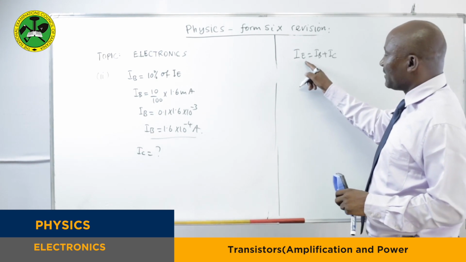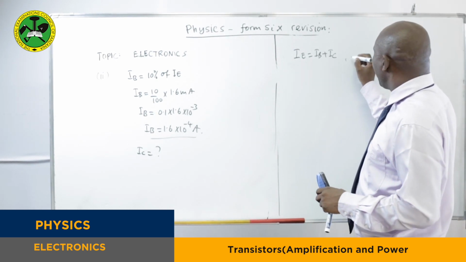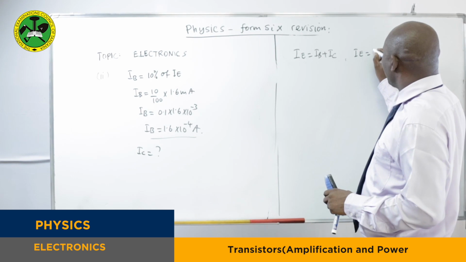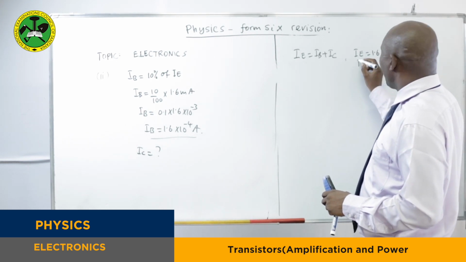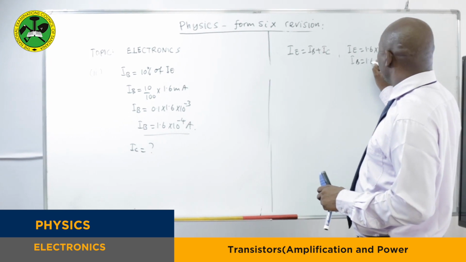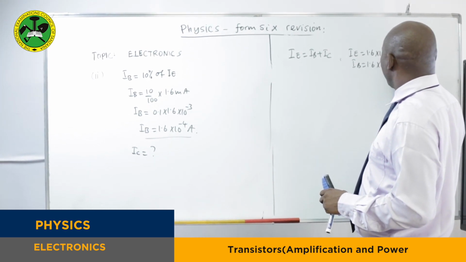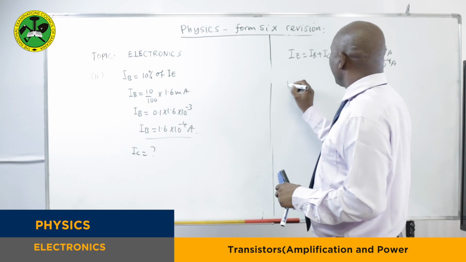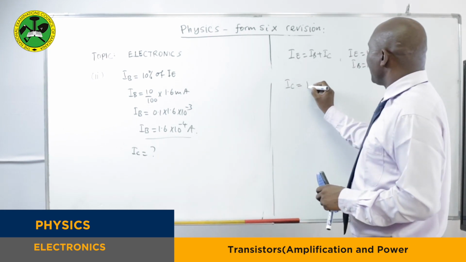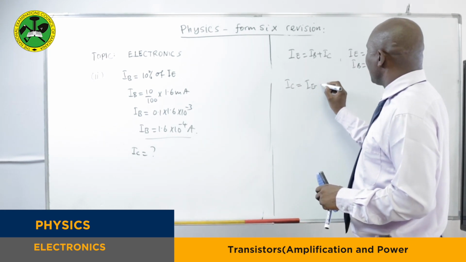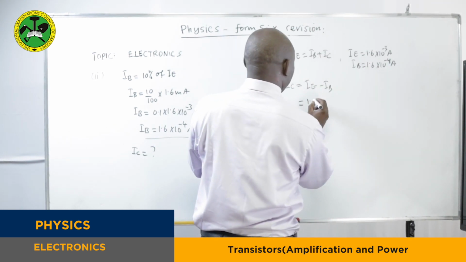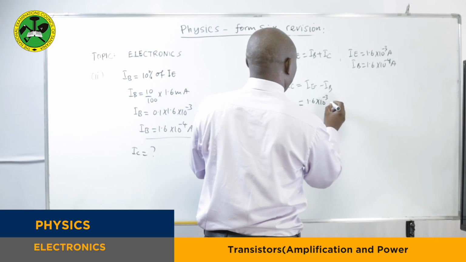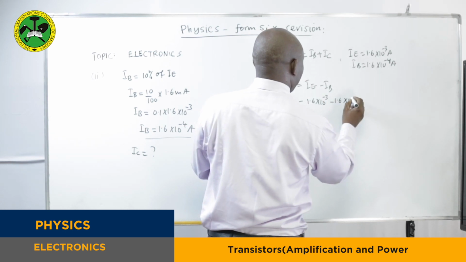If you know our emitter current, which is 1.6 times 10 to the -3 ampere, and our base current is 1.6 times 10 to the -4 ampere, you can find the collector current as IE minus IB. This is giving us 1.6 times 10 to the -3 minus 1.6 times 10 to the -4.